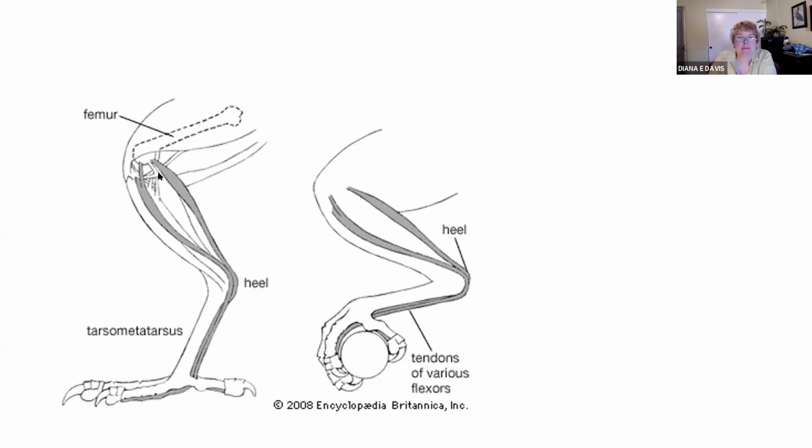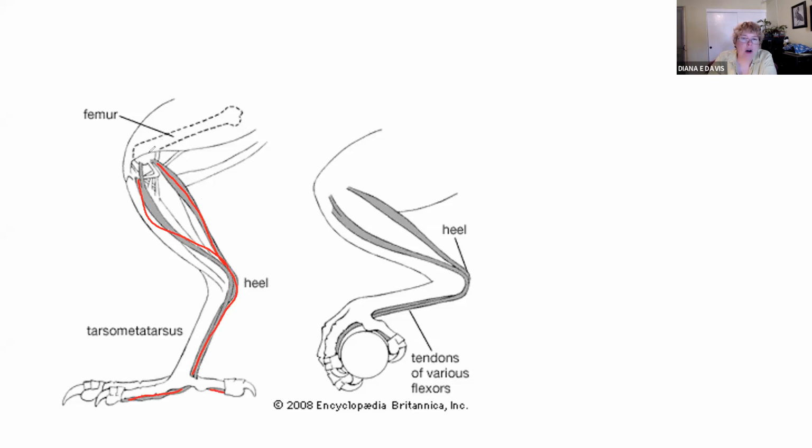So here's a bird leg. And in gray, let me mark these for you. There are these tendons that run down the back of the leg and into the toes.